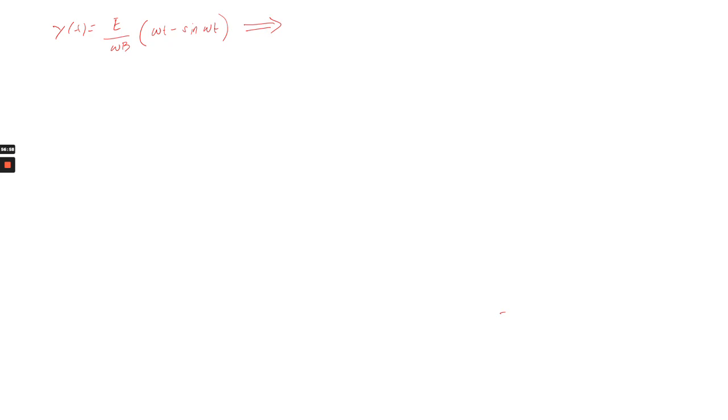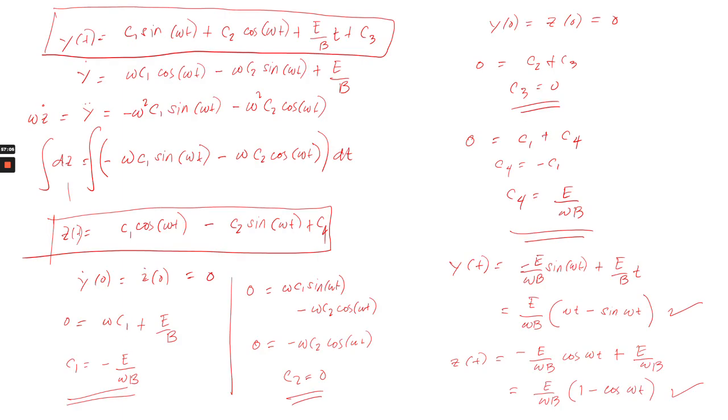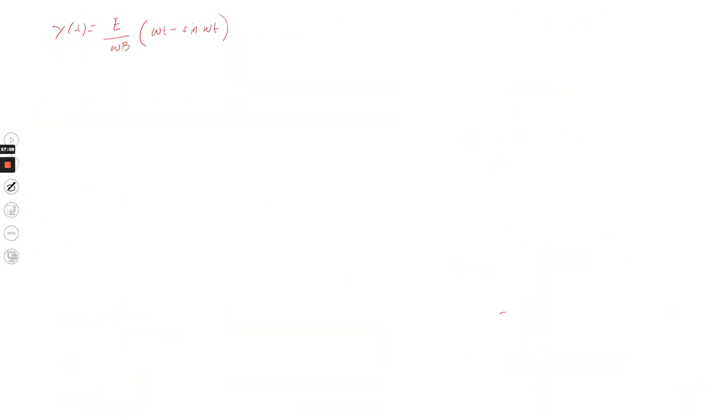But before that, let us define first: E over omega B is just r. So we have r is E over omega B. So this is r times omega t minus sine omega t.